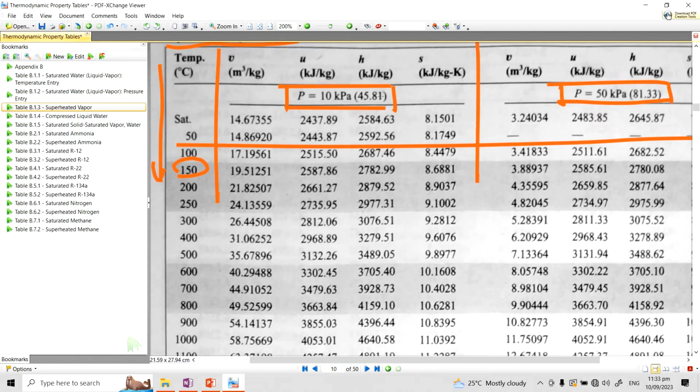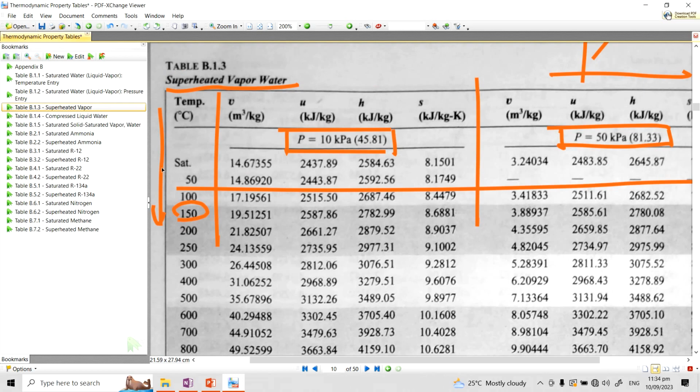And there is this term inside these parentheses, 45.81, and that actually corresponds to the saturation temperature for this pressure condition. So for this pressure in kPa, the saturation temperature would be 45.81. Since 50 is greater than 45, that means we are in the superheated region.